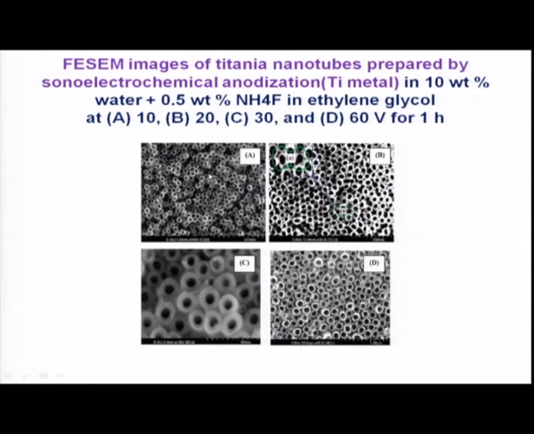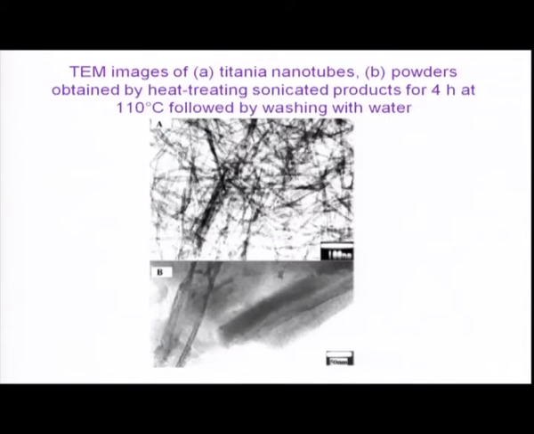So, this shows the titanium dioxide formed in the nano dimension, and this is a TEM image again of nanotube titanium dioxide obtained by heating the sonicated products of the precursor material, followed by drying at 110 degrees. It generates titanium dioxide in nano dimension.